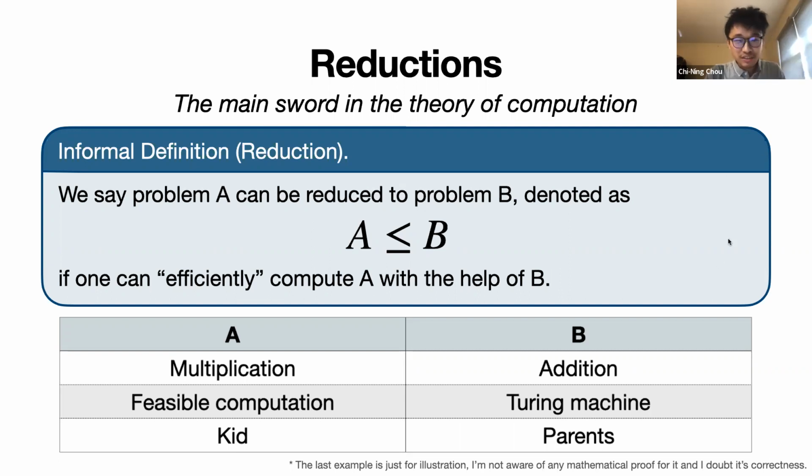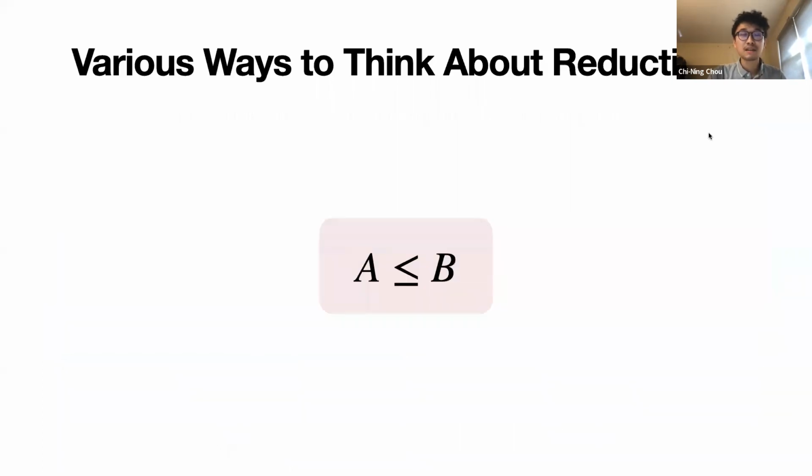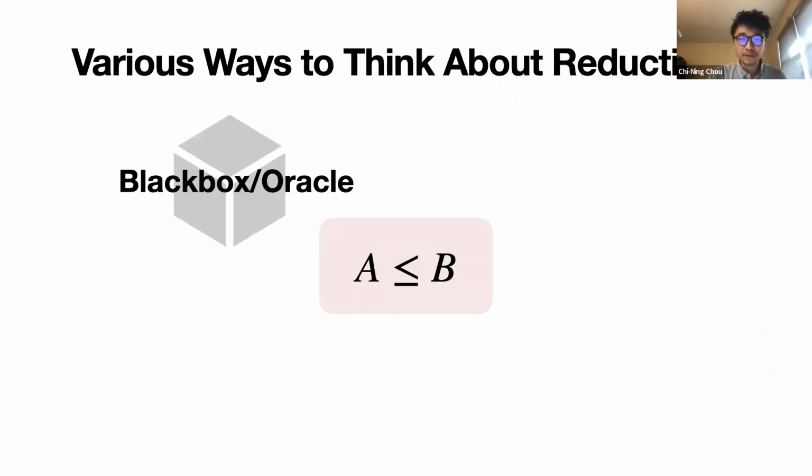Okay, so now we have the intuitive, informal definition of reductions. Now I want to convince you that it is indeed powerful and ubiquitous in the study of computation. First, I want to talk about different ways to think about reductions. The first intuitive way is to think of reduction as a black box, or technically an oracle.